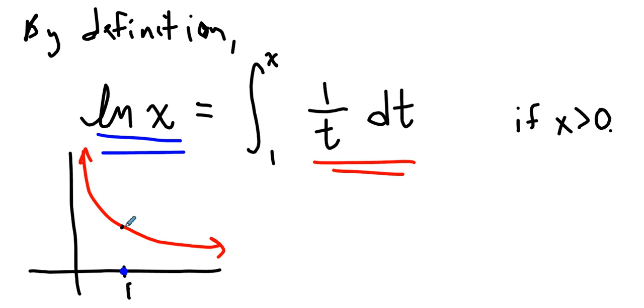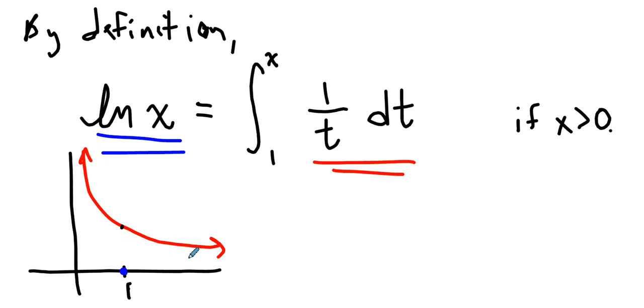And then what happens as we move toward the positive end of the x-axis? As x gets bigger than 1, we're accumulating positive area under the red graph. So as we go, the log graph increases, which makes sense.